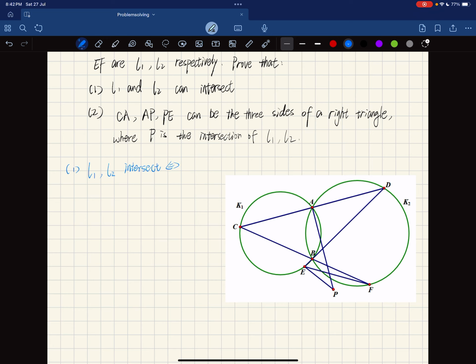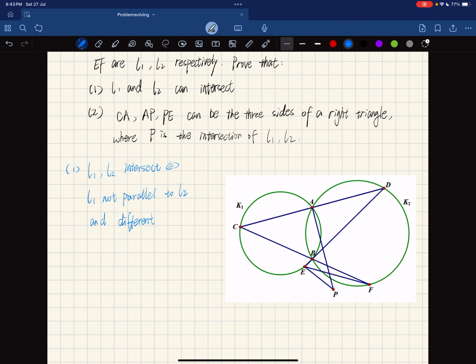It is equivalent to L1 not parallel to L2, and they are not the same, different.